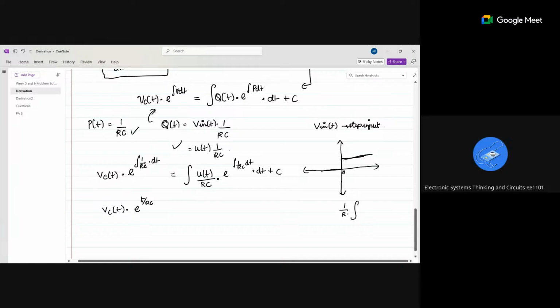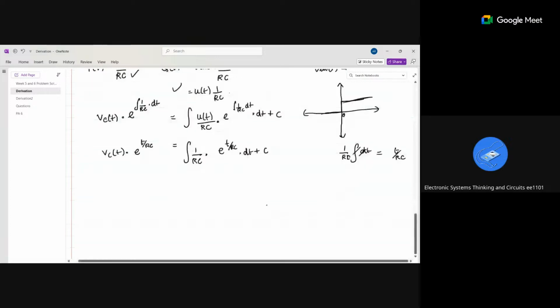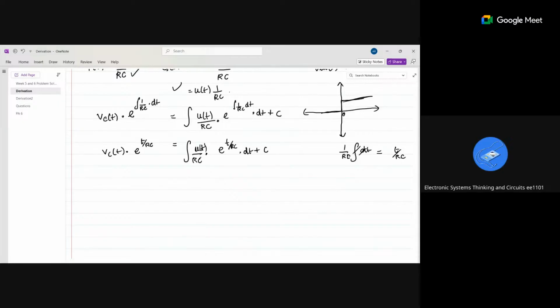1/RC is a constant. Integral and differential will get cancelled, so it becomes t/RC, which is equal to U(t) is 1 on the positive side, so I will ignore it. 1/RC, then again e^(t/RC) dt plus C. 1/RC I'll take it out.